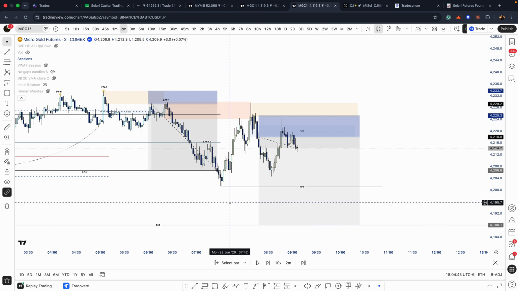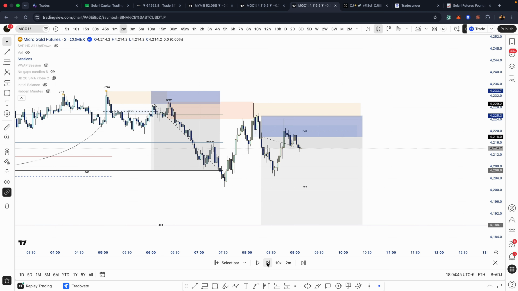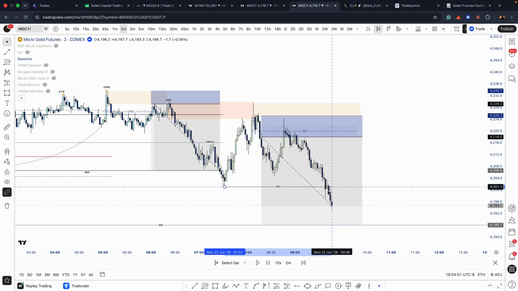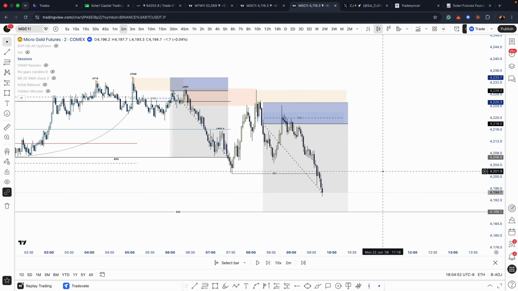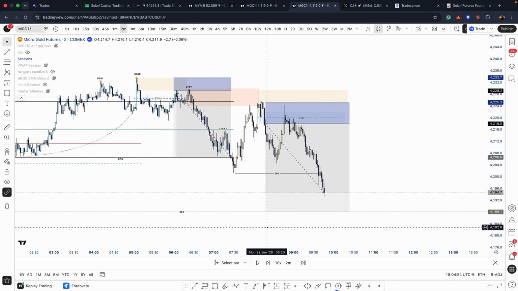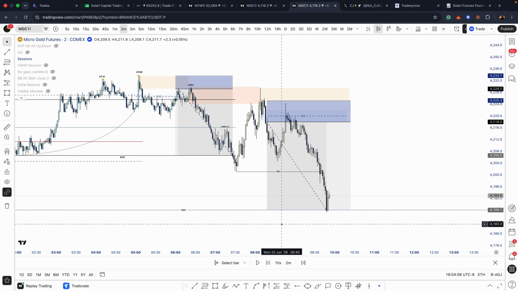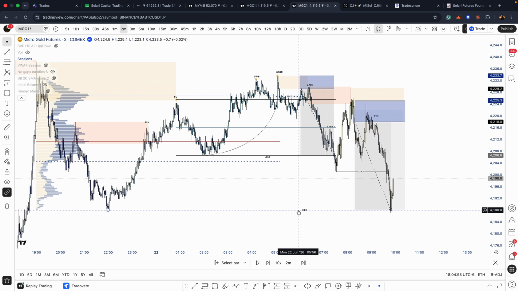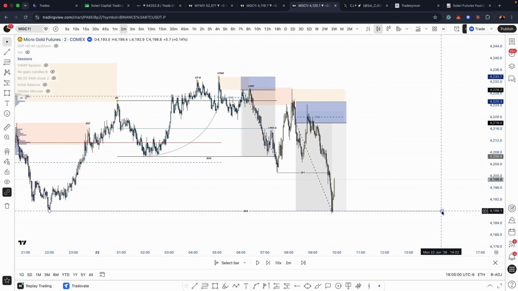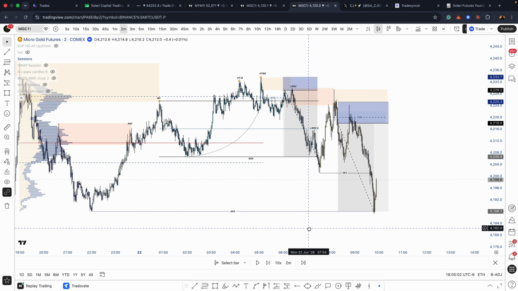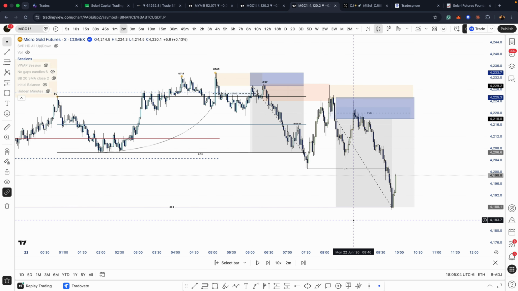But that was a bit of a hotter retest for sure. But looks like we end up breaking down, hitting TP1 right there, taking off some contracts. And then hitting TP2 right there, which is that London draw on liquidity, that Asia draw on liquidity, that Asia low.